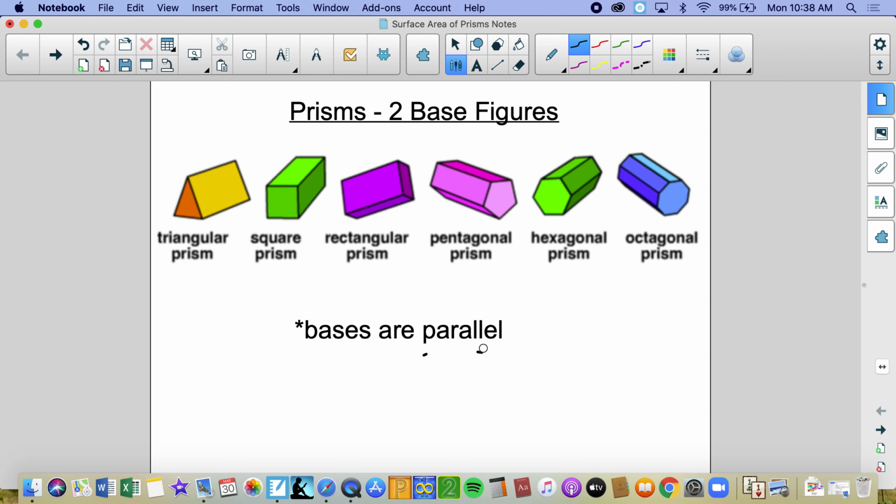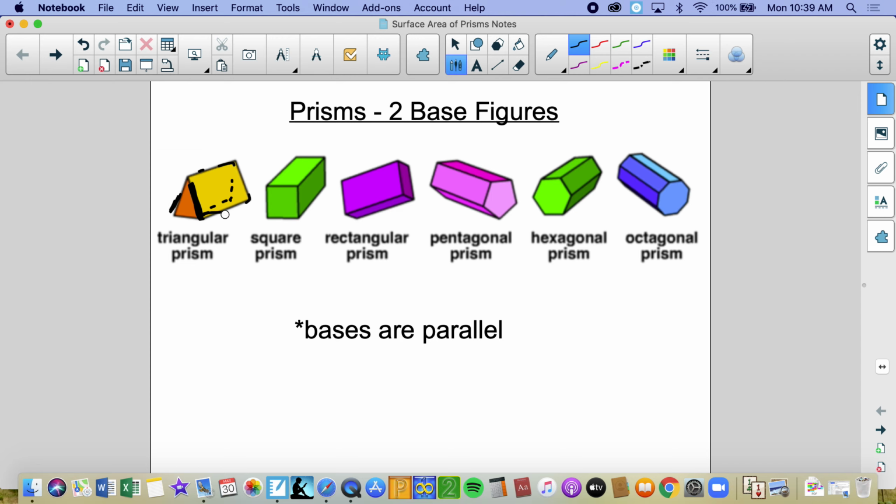The 2 bases will be the parallel. We see that this side of the triangular prism and that back side would not be parallel. It would make like a teepee. So this part and this part would not be parallel to each other.